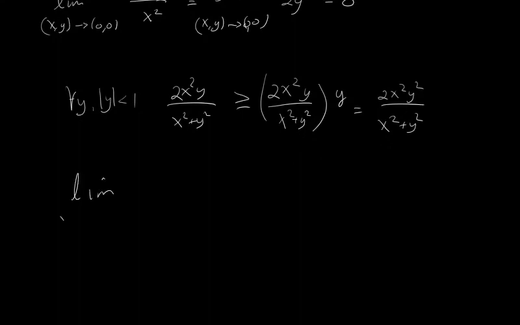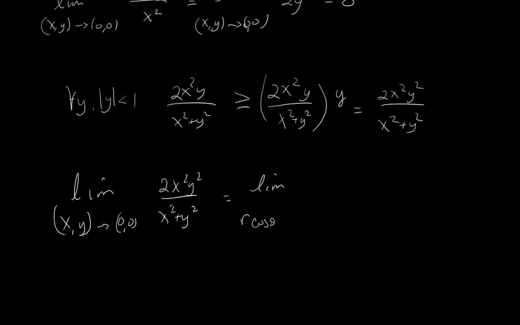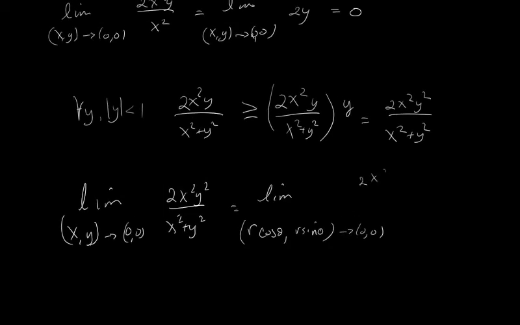So the limit as (x, y) goes to (0, 0) of 2x squared y squared over x squared plus y squared is going to be equal to the limit as x, which is r cosine theta, and y, which is r sine theta, goes to (0, 0) of 2x squared y squared over x squared plus y squared.